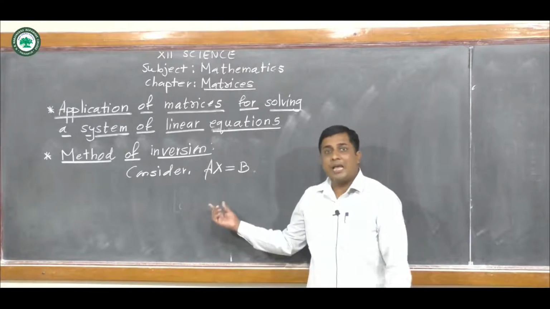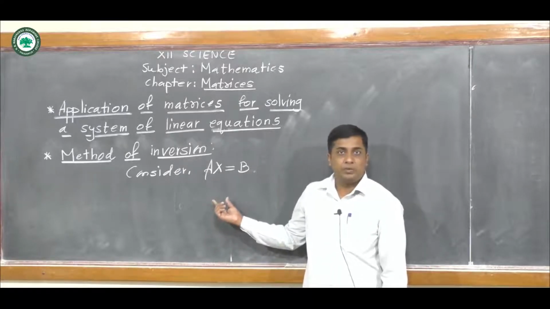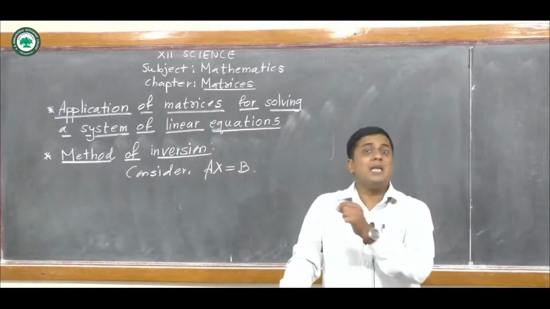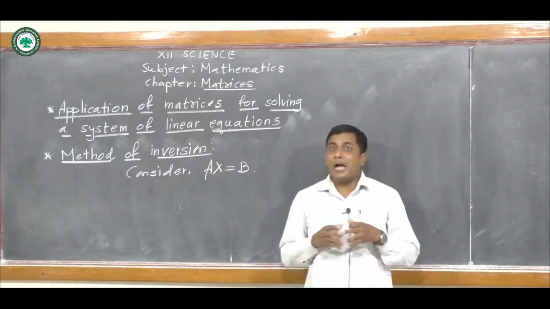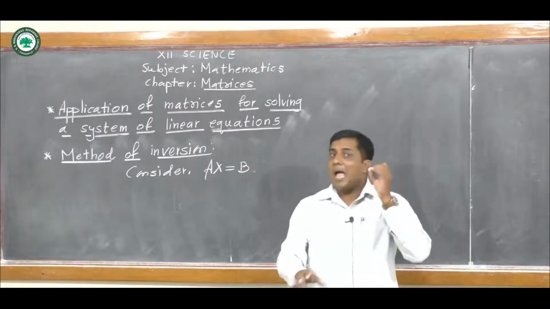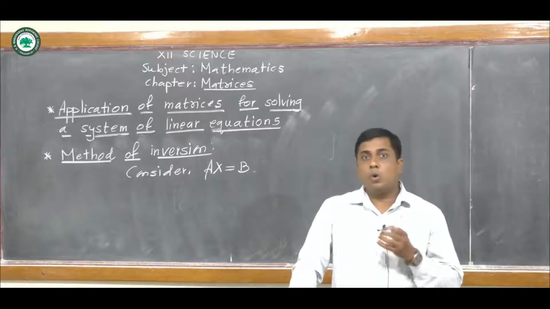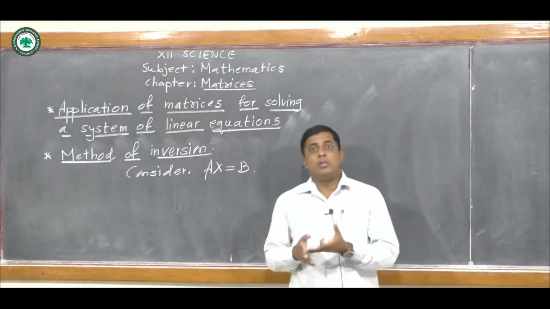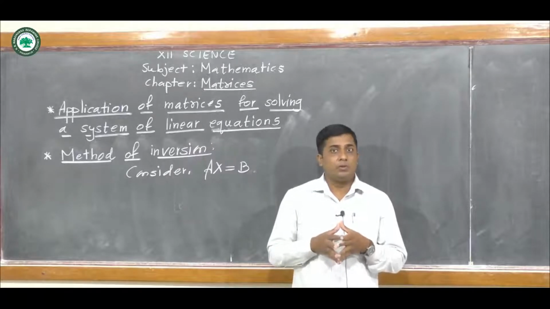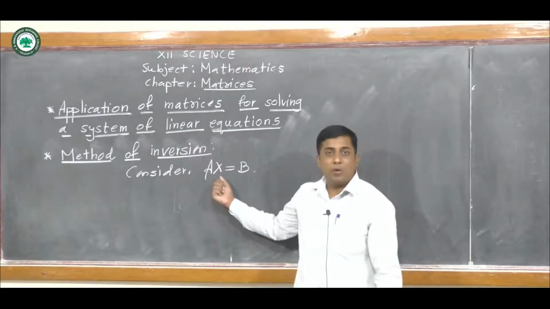That is, A inverse exists. To find the A inverse, we use either the transformation method or the adjoint method. We know what the transformation method is, we know what the adjoint method is. Using these two methods, we find the inverse.